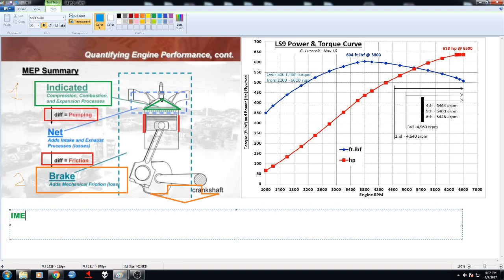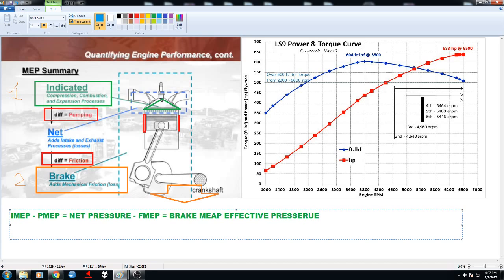I am sure that as of this point you all have no idea what's going on. But anyway, indicated pressure minus pumping pressure equals net pressure. And then the net pressure minus friction pressure would equal your last brake mean effective pressure.